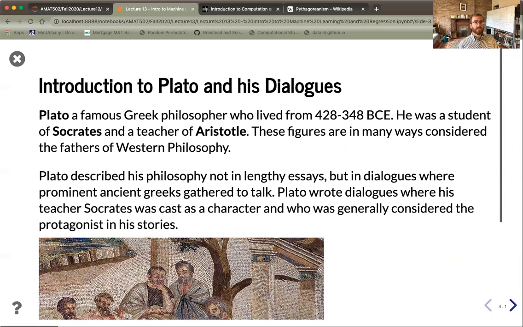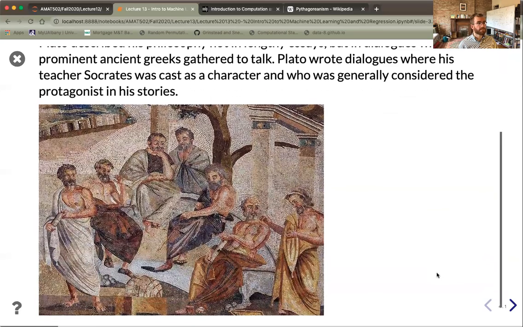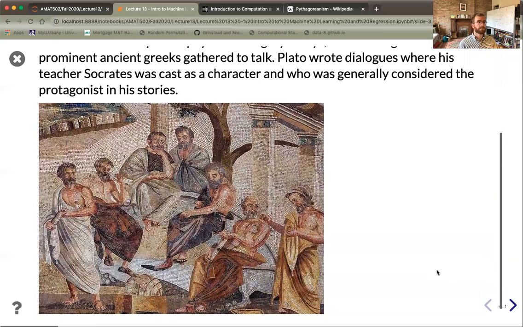So often in Plato's dialogues, he's going to show several Greeks talking, and Socrates is going to be his mouthpiece for arguing about whatever topic is under discussion. So you should have this kind of picture in your head of a bunch of aristocratic Greeks gathering and lounging about to discuss deep philosophical concepts.